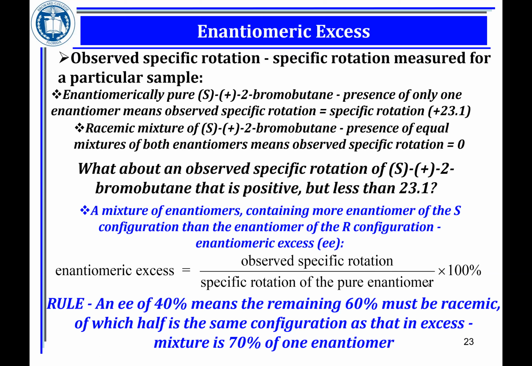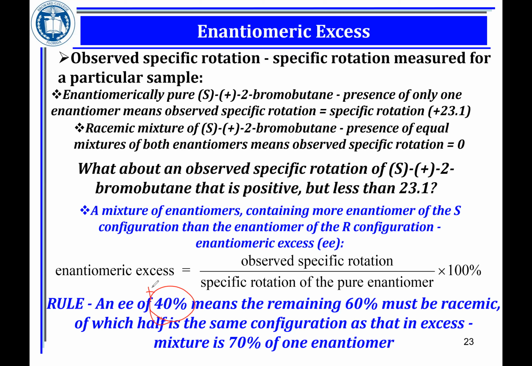Those are hypothetical examples. If you have 75-25, it's going to be 50, and that is a percent mixture if you have the percent composition of it. So what does an enantiomeric excess of 40% mean?